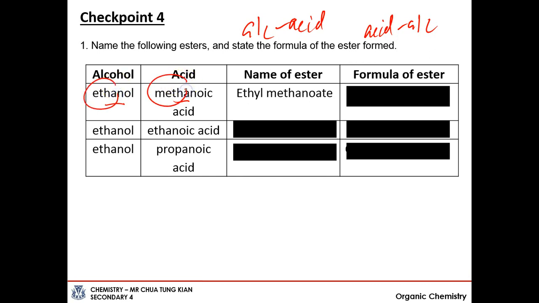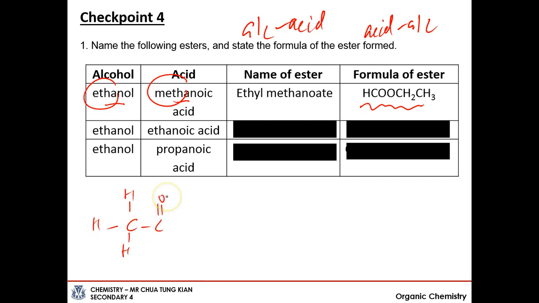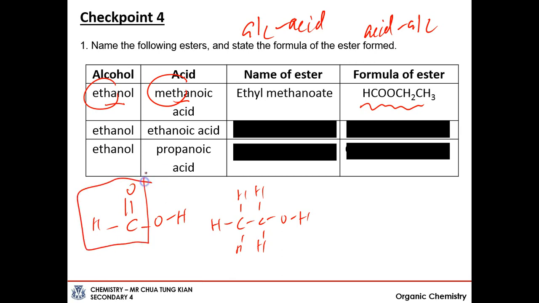Ethyl methanoate. Formula wise, if you can't write it out straight away, always draw it out. So we draw the acid first, methanoic acid. Methanoic acid has one carbon. And this is ethanol. Okay, so when they come together, this portion combines with this portion.